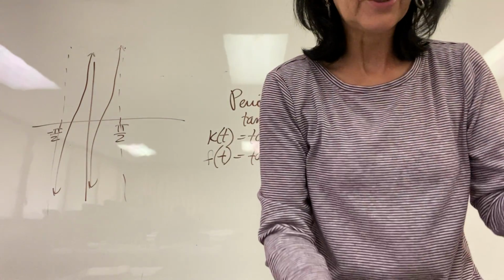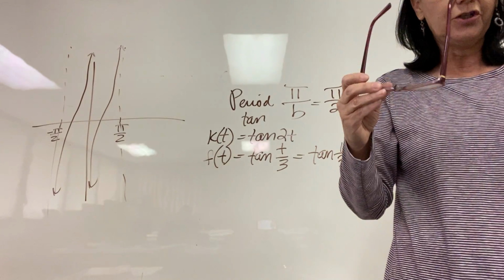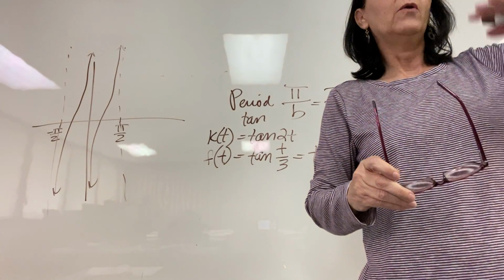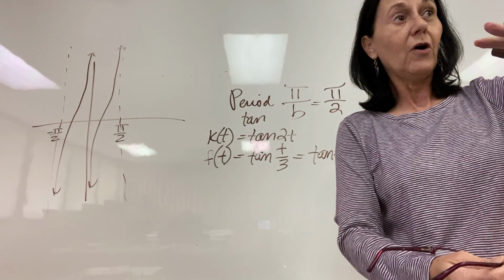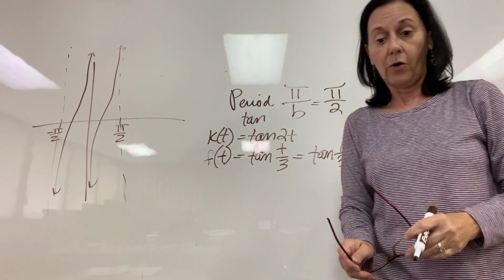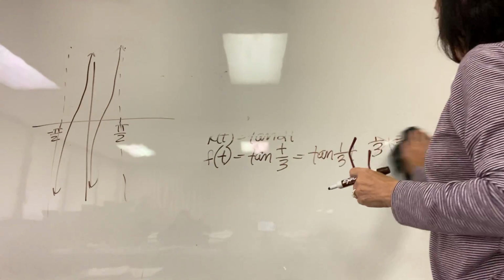Okay, now in example 3, we're going to change the amplitude and change the period. So now we're going to go either not all the way up to 1 and not all the way down to negative 1, or we're going to go above 1 and below negative 1, as well as changing the period.